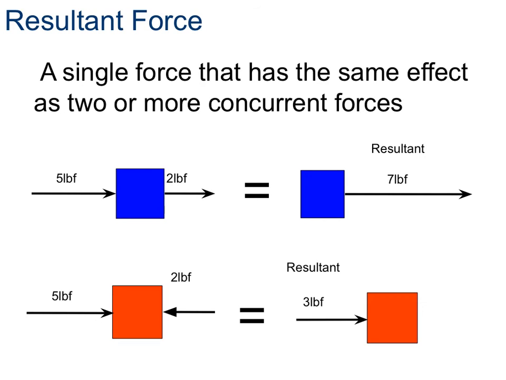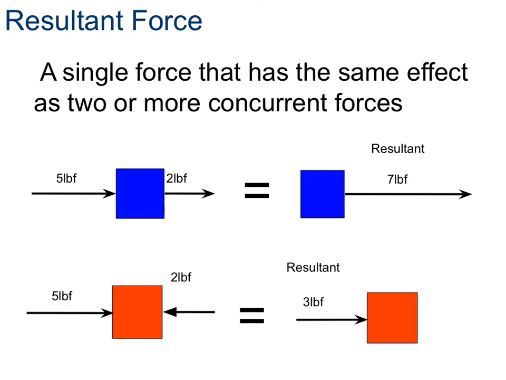Maybe you and a friend are pushing on a box, and you're much stronger than your friend, so you're pushing with 5 pounds of force and he's pushing with 2 pounds, in the same direction. That's the same thing as if you were pushing with a total of 7 pounds of force to the right.